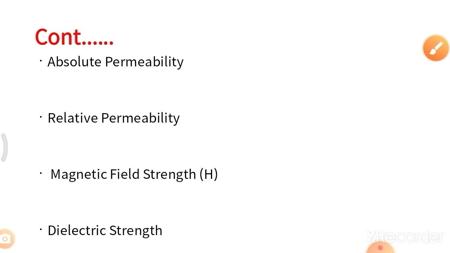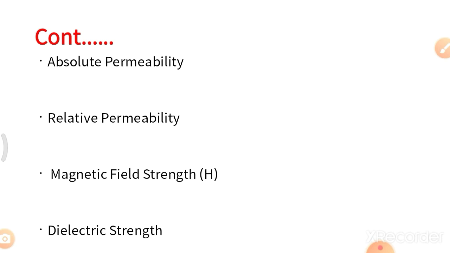Next point is relative permeability. The relative permeability is defined as the ratio of flux produced in a medium other than free space to flux produced in a free space under the influence of same magnetic field.